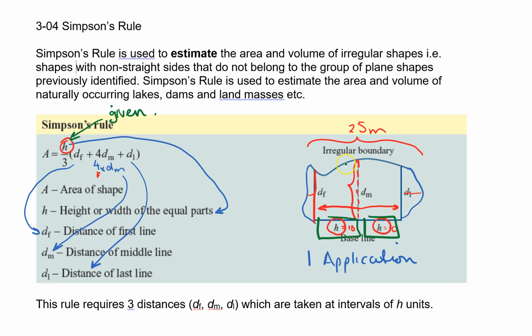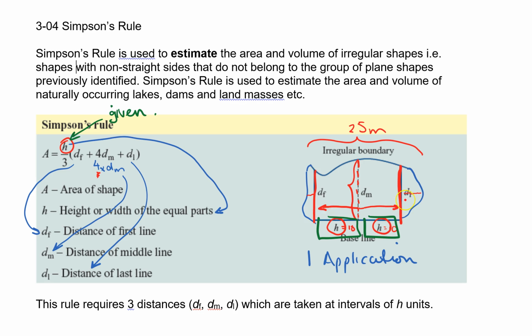You wouldn't want to restrict your distance and put them too close to the middle, just in case the shape really varies towards the edges. So yes, this regular distance to use up most of the space that you've got is determined, and the distances across are measured. So middle distance, first distance, last distance.